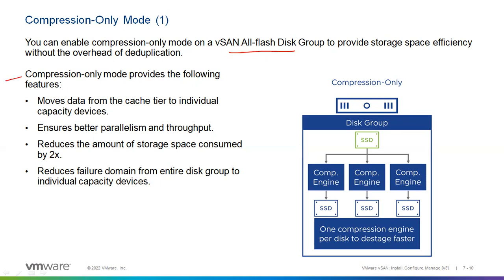Compression only provides the following features: move data from the cache tier to the individual capacity device, ensure better parallelism and throughput, reduce the amount of storage by approximately 2 times. I mean, it's giving you approximately 50% efficiency, we could say. Reduce the failure domain from the entire disk group to the individual capacity device.